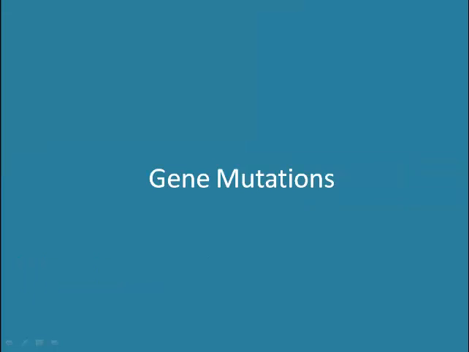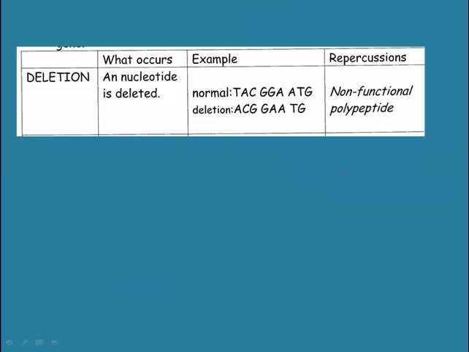Let's take a look at a few gene mutations. In gene mutations, an actual nucleotide may be deleted. So if the normal sequence of bases is TAC, GGA, ATG, a deletion would result in a different pattern. For example, if the T was removed, we would end up with the sequence ACG, GAA, TG.